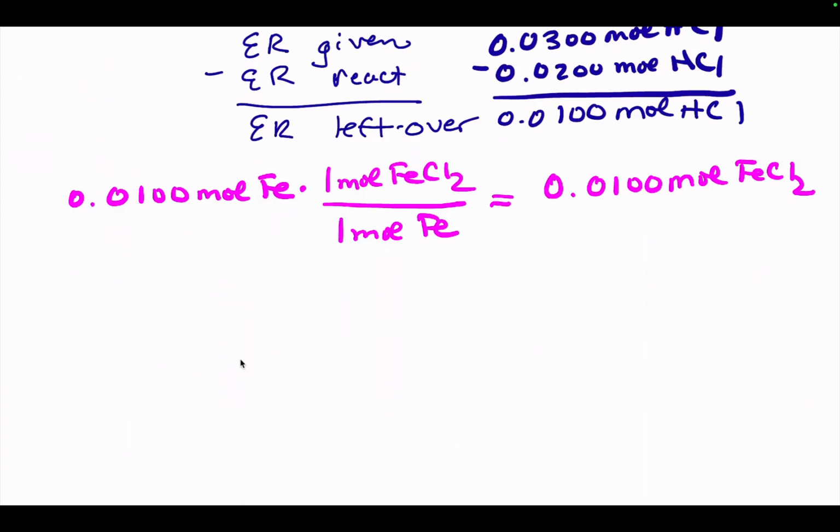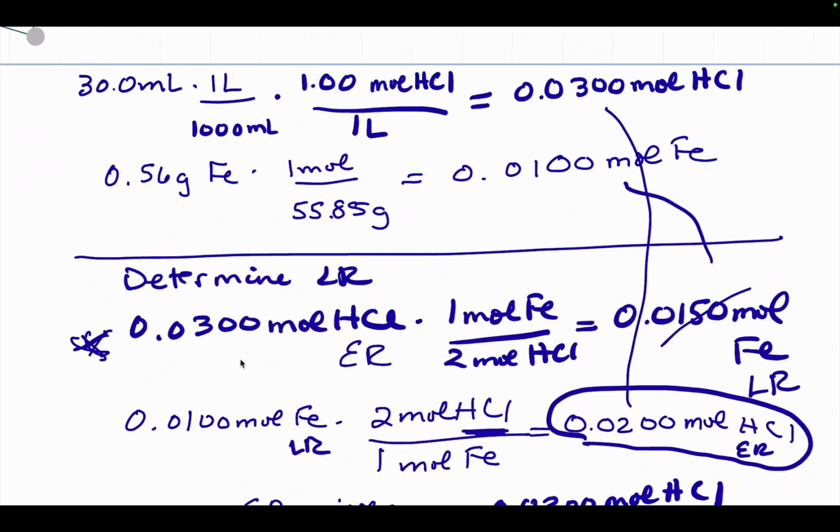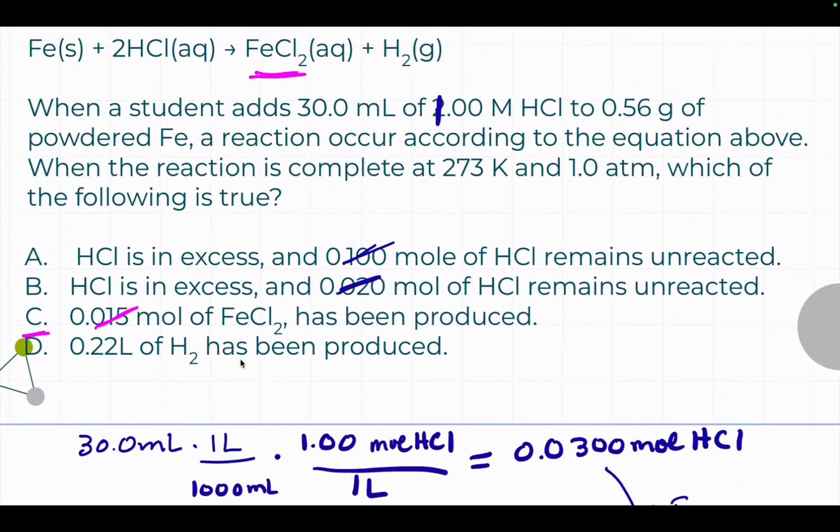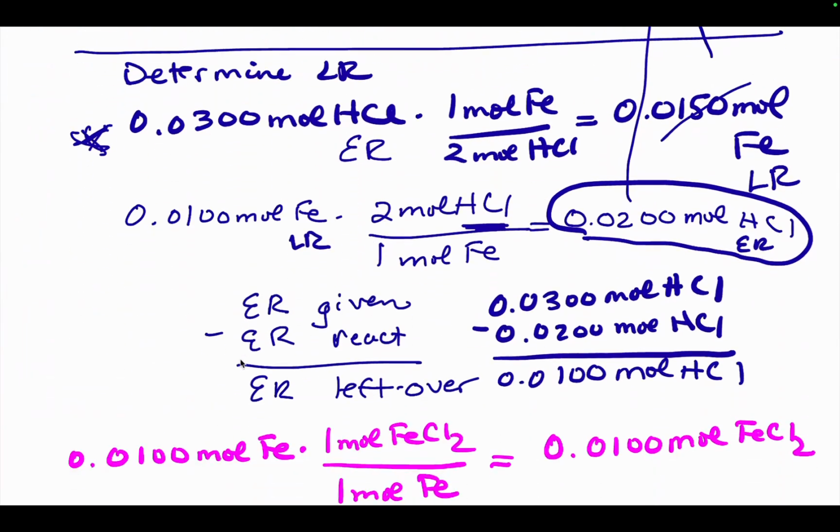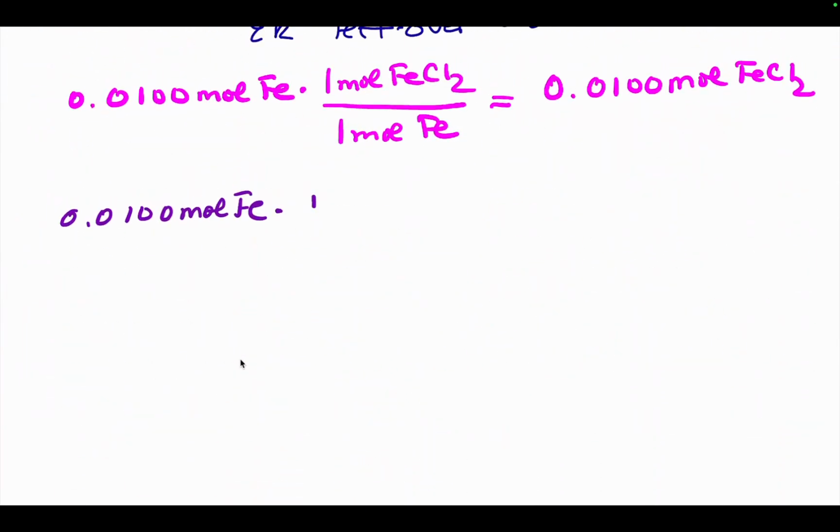So let's take our limiting reactant again. And they want to know how many liters of hydrogen. And it is at STP, so I can use 22.4. So I'm going to first convert over to moles of hydrogen using my coefficients in the balanced equation.